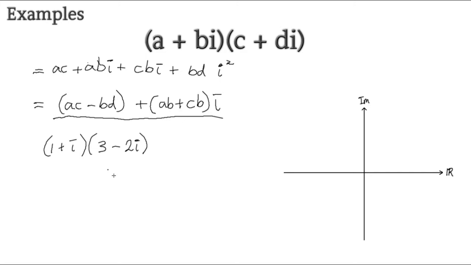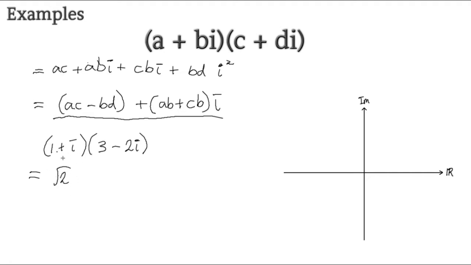With that, we can find the modulus argument form. To get the modulus, you take the square of the first term and the square of the second term, add them together, take the whole square root. 1 squared plus 1 squared is 2, and so we have root 2 as the modulus.